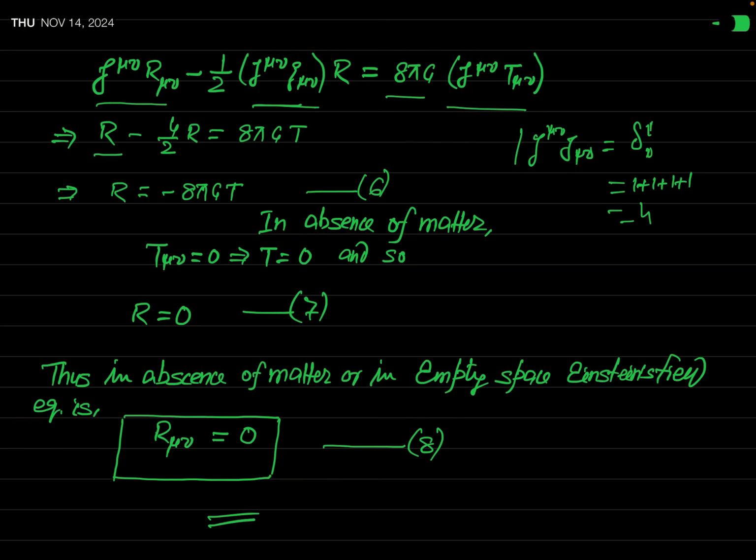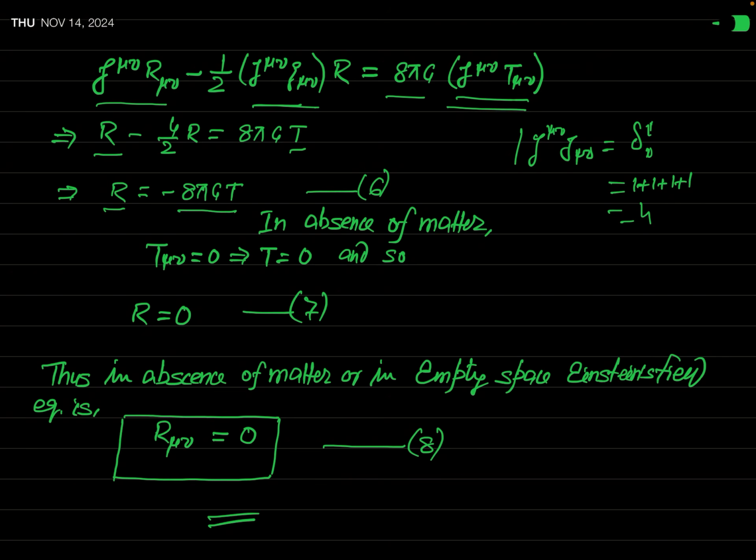So this is simply 4 by 2 times R. And again here this product will be simply T, the trace of the material energy tensor. And R minus 4 by 2 R means R minus 2R, that is minus R. So you can write R equal to this much.